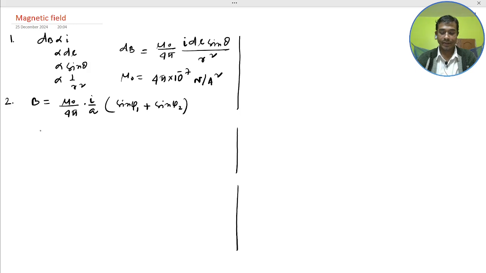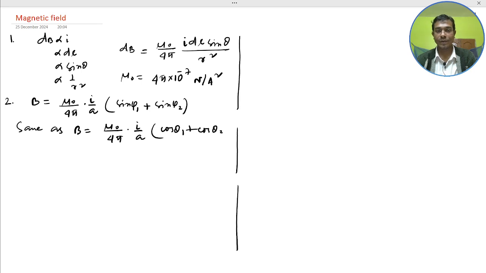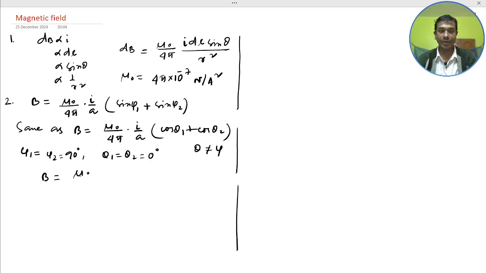Same as B equal to mu naught by 4 pi, I by A, (cos theta 1 plus cos theta 2). In the general case, if phi 1 and phi 2 are 90 degrees, and theta 1 equals theta 2 equals 0 degrees, we have the magnetic field mu naught by 2 pi, I by A.